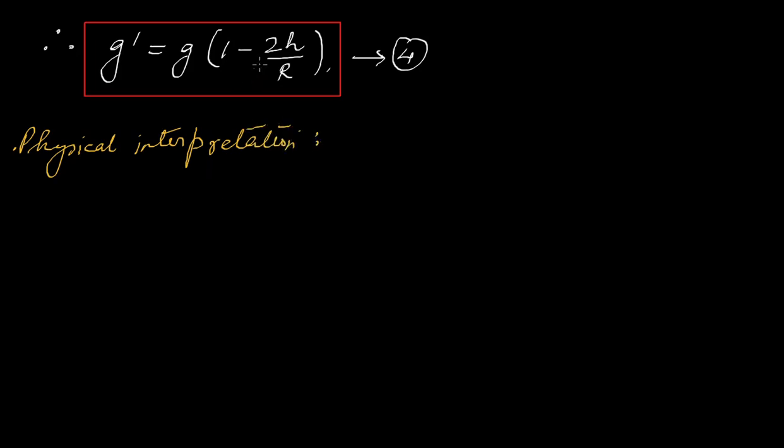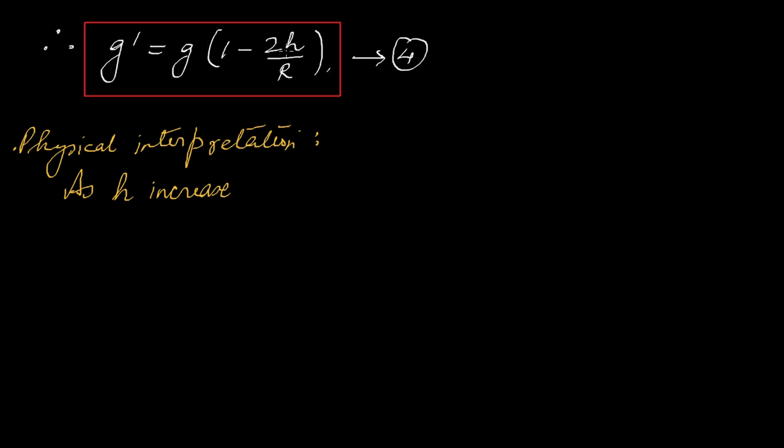If you look at this equation 4, as h increases, what happens to this term 2h by r? That will increase. So if we take 1 minus 2h by r, that will be decreasing, lesser and lesser than 1. If you multiply this value, which is lesser than 1, with g, the entire thing will decrease.